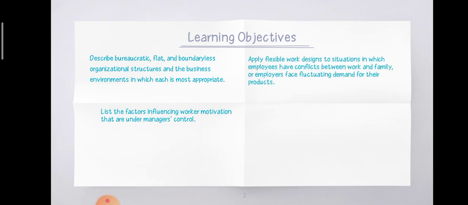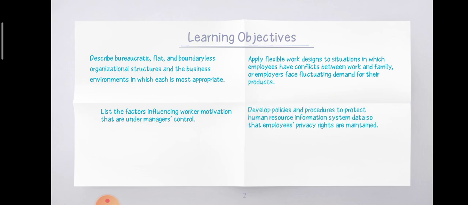List the factors influencing worker motivation that are under managers' control. Apply flexible work designs to situations in which employees have conflict between work and family, or employers face fluctuating demands for their product.